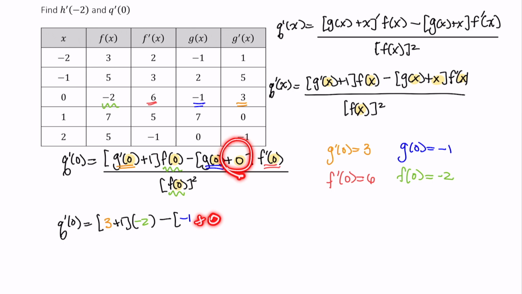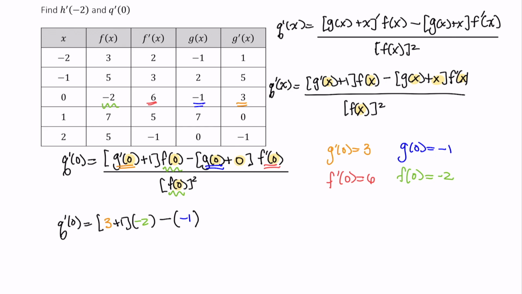Anything plus 0 is just itself. So just minus a negative 1. And I think I will just switch to parentheses at this point. If that's confusing you, just know that you can use brackets to represent parentheses and vice versa. I decided to use brackets since we already had parentheses in the function notation, but since this is gone, I figured it was safe to switch back to parentheses.